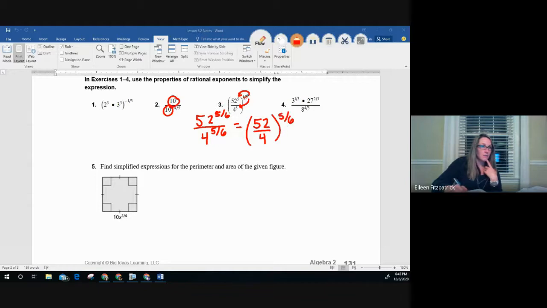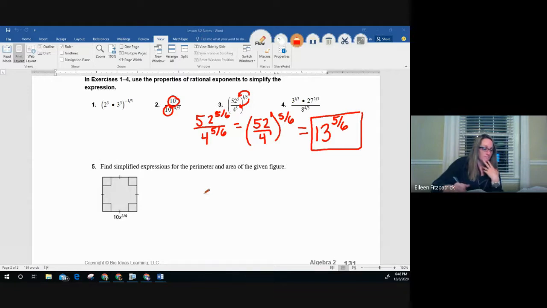Think about what we did over here. When there's an exponent outside, don't you just apply it to the exponents on the inside? And right now on the inside, they both just have an exponent of 1. So if I multiply, I'd be back here with what I have. But by rewriting it with the exponent on the outside, now I can divide. 52 divided by 4 is 13. So I have 13 raised to the 5/6.